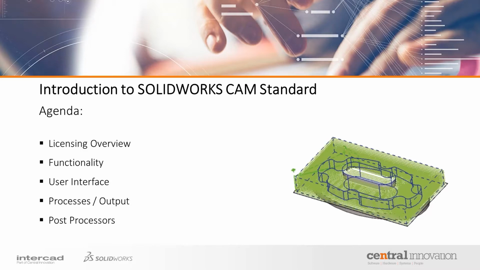the agenda for today. First off, we'll have a look at the licensing of the product, and then we'll move on to have a look at some of the functionality that's included in SOLIDWORKS CAM Standard. We'll take a look at some of the user interface elements which are common inside SOLIDWORKS, so what you'll be looking at most of the time.